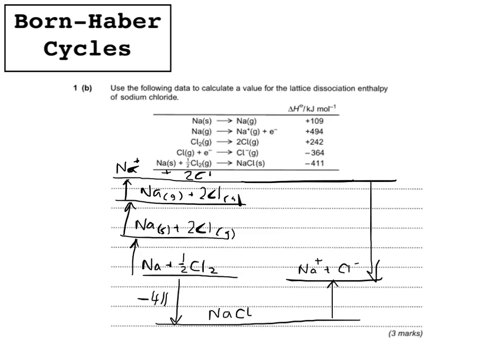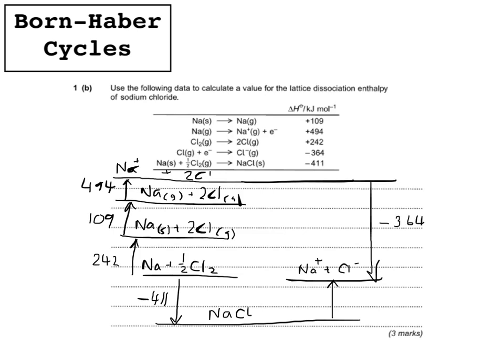You've then got the atomization of chlorine, which is 242. You've got the atomization of sodium, which is 109. You've got the first ionization energy of sodium, which is 494. And then you've got the electron affinity of chlorine, which is minus 364.